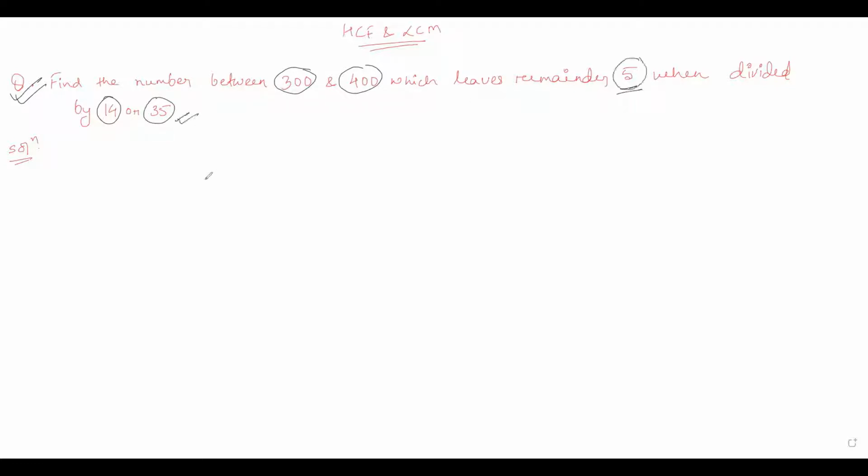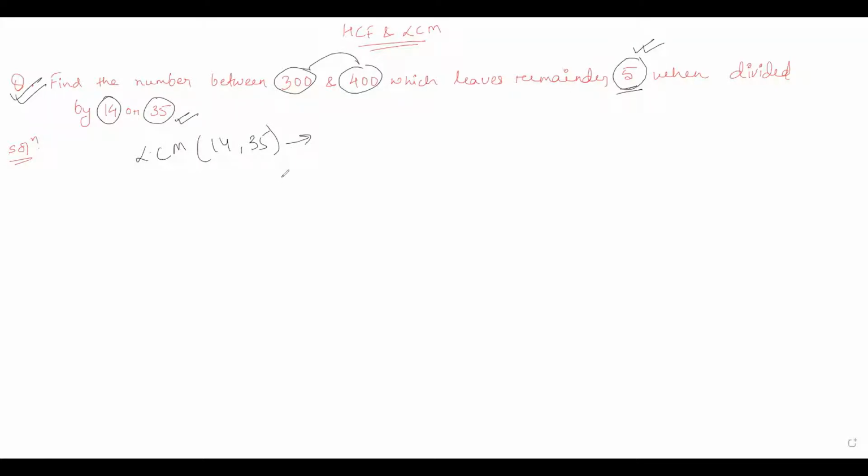So can we say that if we take the LCM of 14 and 35, I'll be getting the least number which would be divisible by either 14 or 35. Then we can try to find the multiples of that LCM in between 300 and 400, and then we can see which number when divided by 14 or 35 will give the remainder 5.